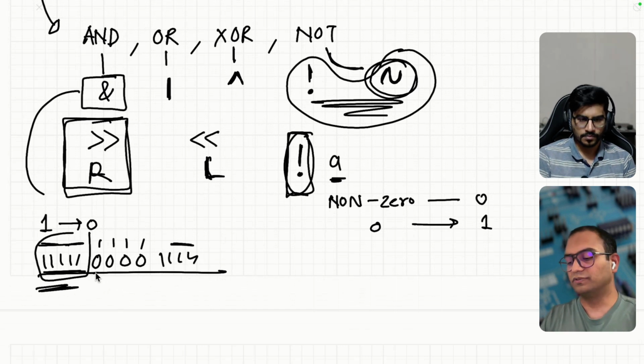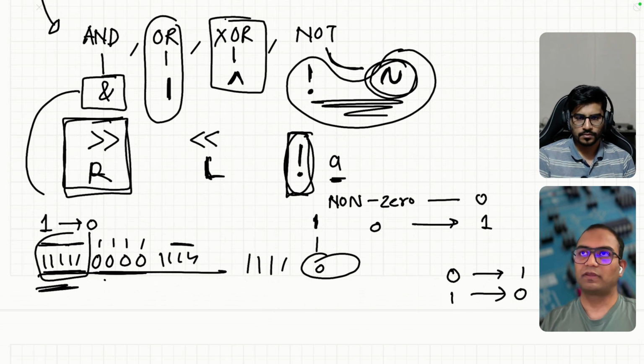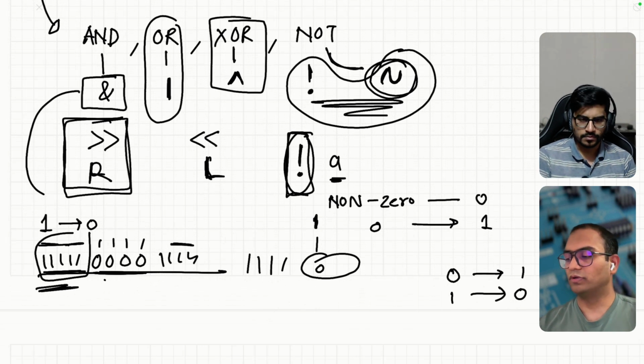If you want to set them to 0, a clearing operation so to speak, AND it with zeros. If you want to retain the bits and change the zeros to 1, then we use the OR operation. And if you want to flip a bit from 0 to 1 or 1 to 0, then you simply XOR it with the opposite one. So if you wanted 0 to become a 1, simply XOR it with 1.